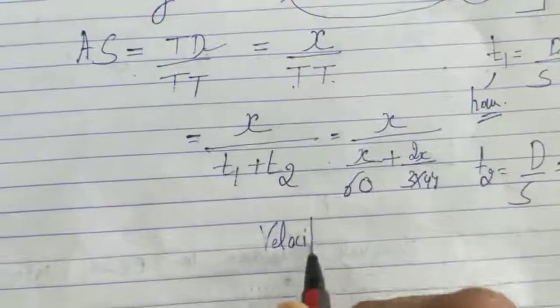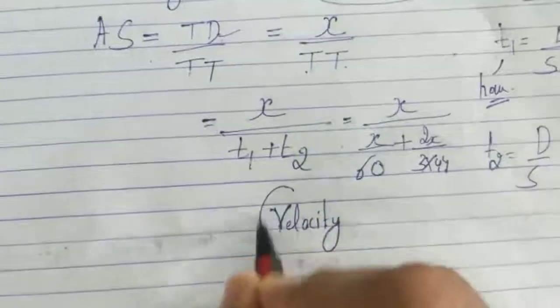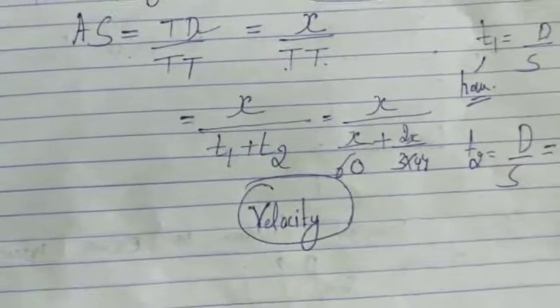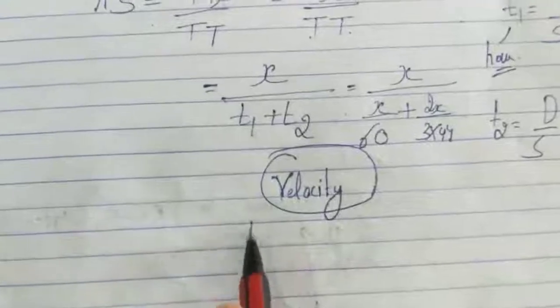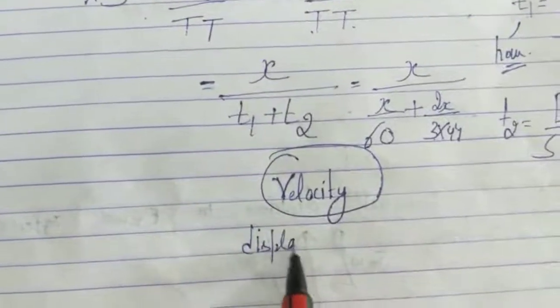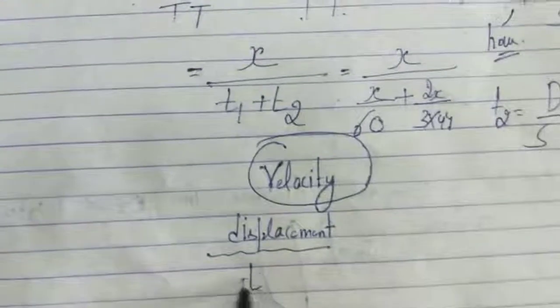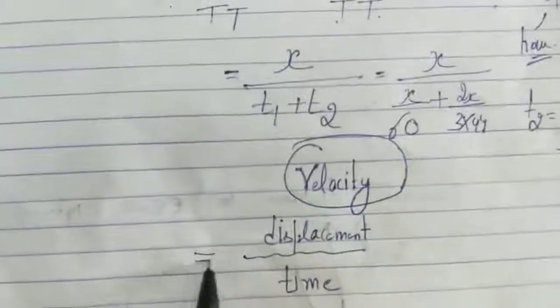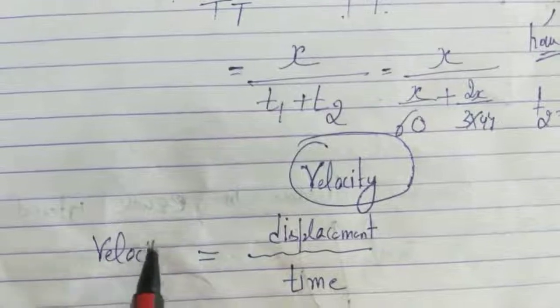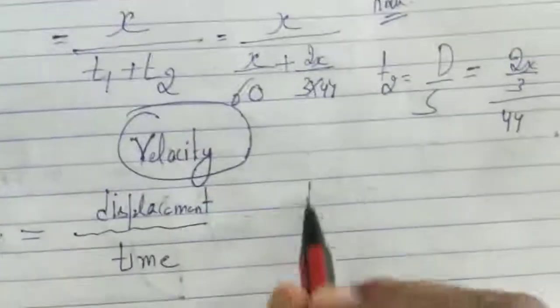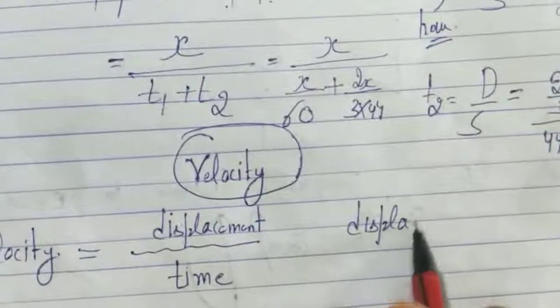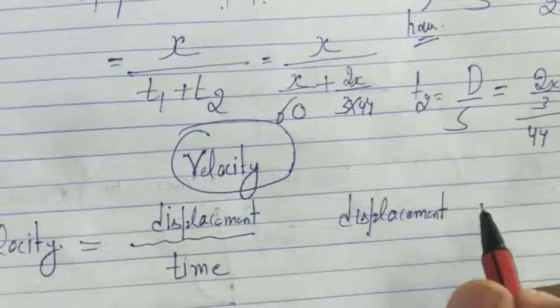So next topic is velocity. So what is this velocity? You know the displacement. Displacement per unit time, that is velocity. You can write it as displacement per unit time.